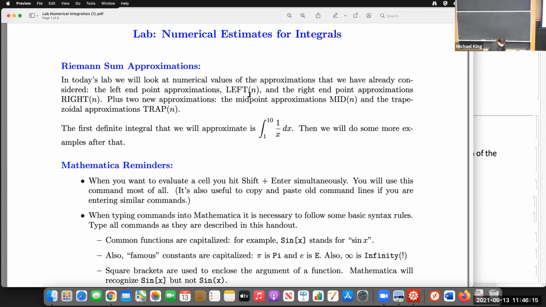We can actually figure out exactly what it equals, if you remember.